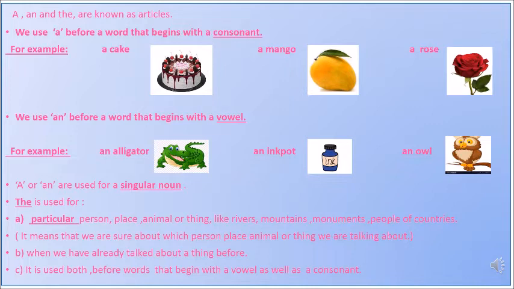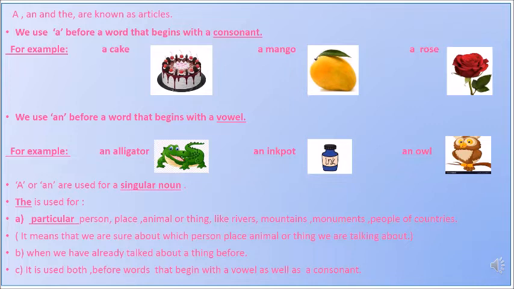Now we come to the use of an. We use an before a word that begins with a vowel, and there are 5 vowels: A, E, I, O, U. Here there is a picture of alligator. Such a scary animal, isn't it? I am very scared of it. I'm sure you are also very scared of it.